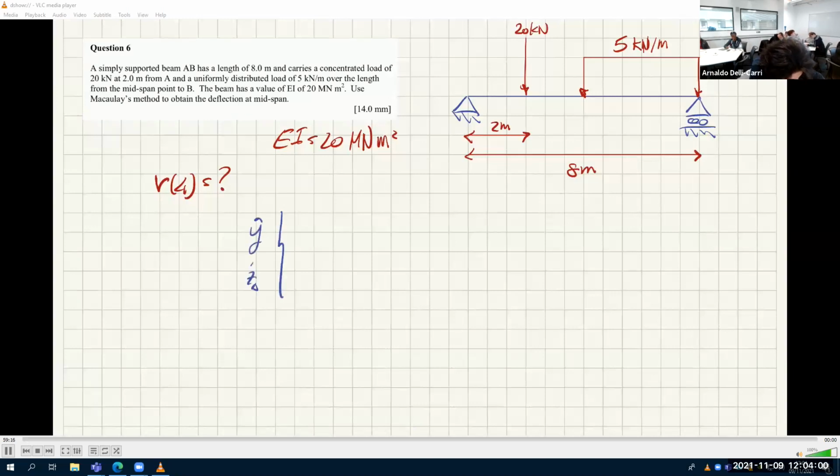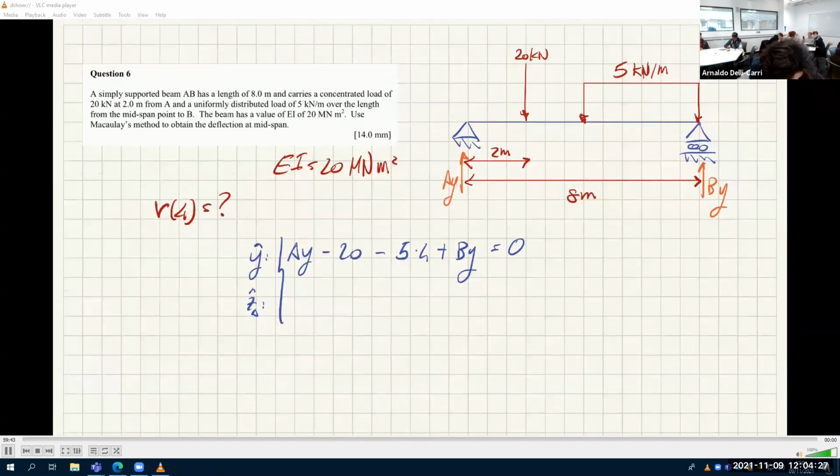So this: AY minus 20 minus 5 times 4, plus BY equals 0.